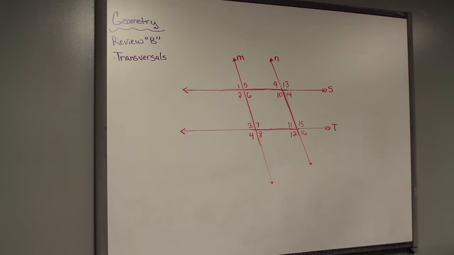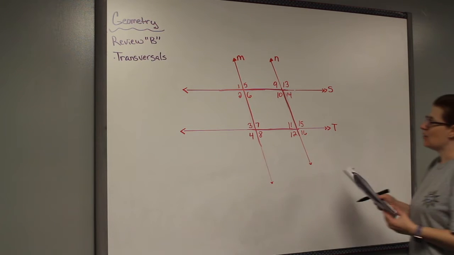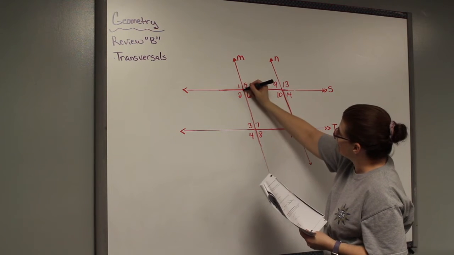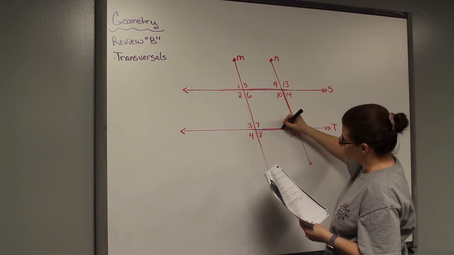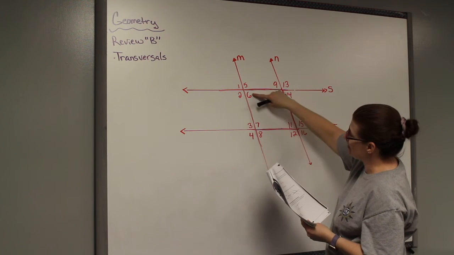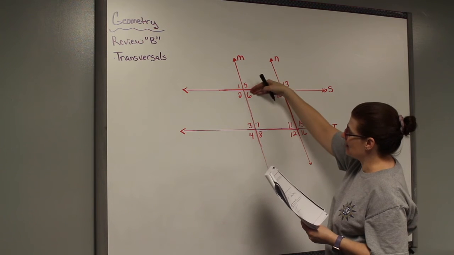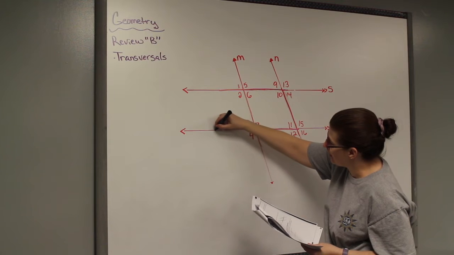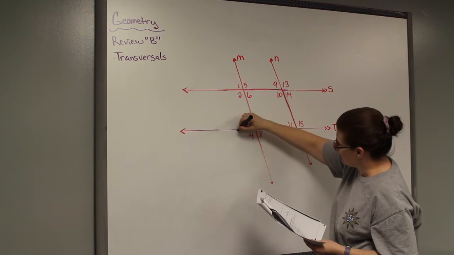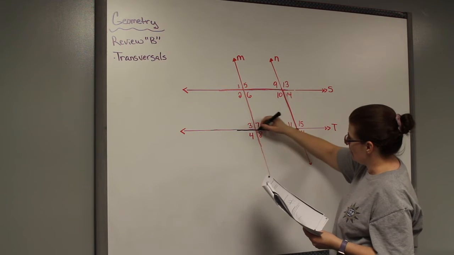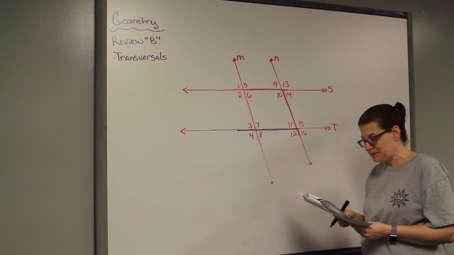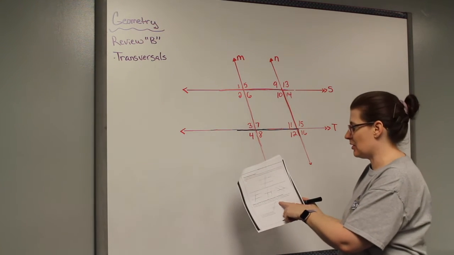Okay, so the F pattern, when we look at corresponding, we could look down this line and this one and this one. If we have an F, it could be 6 and 8, on the top part of the F, and then below the other one. You could do an F that went this way, and you could do 12 and 4. Those are corresponding. And they'll list a couple on the worksheet in the page.